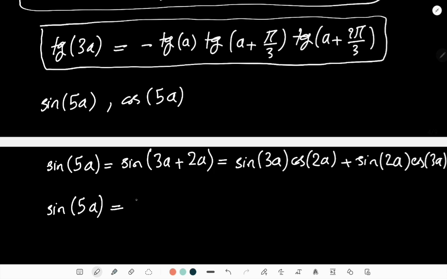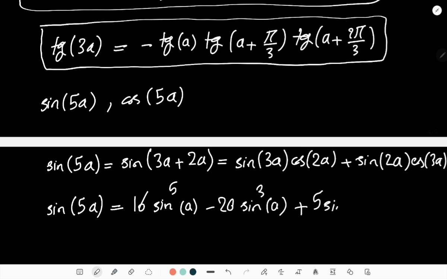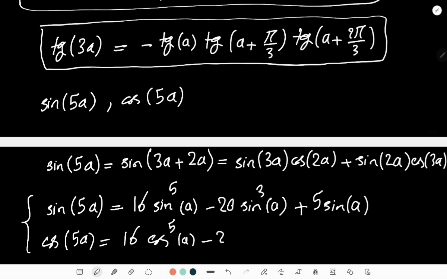So this is basically 16 sine^5 of a minus 20 sine^3 of a plus 5 sine of a, okay? And interestingly, cosine of 5a can be written as also 16 cosine^5 of a minus 20 cosine^3 of a plus 5 cosine of a, okay?